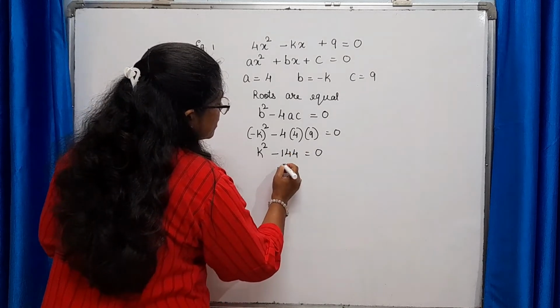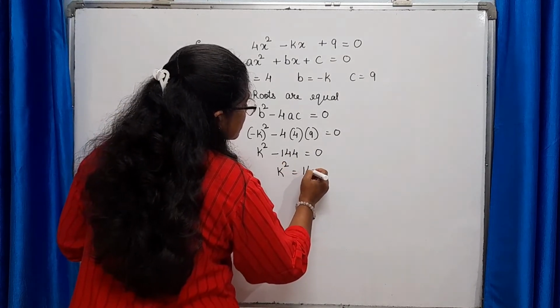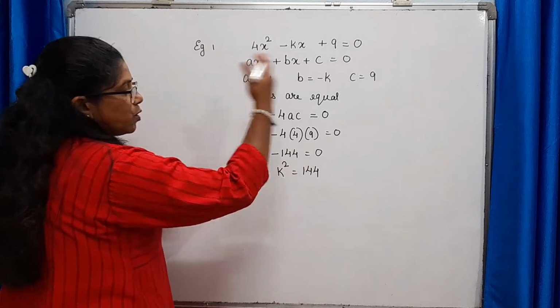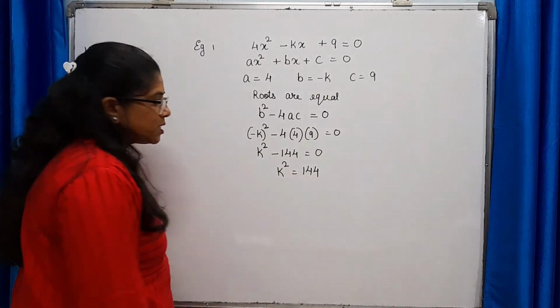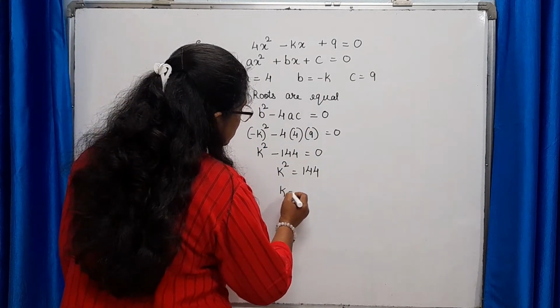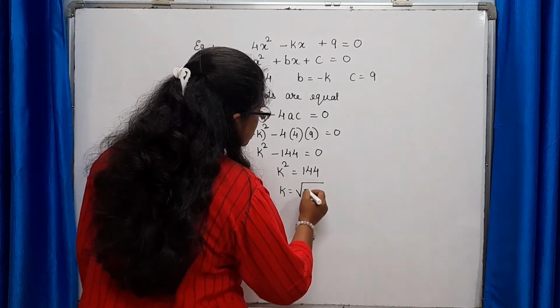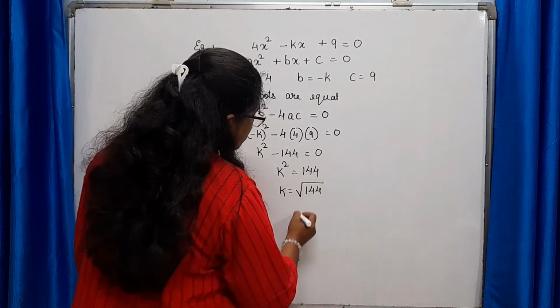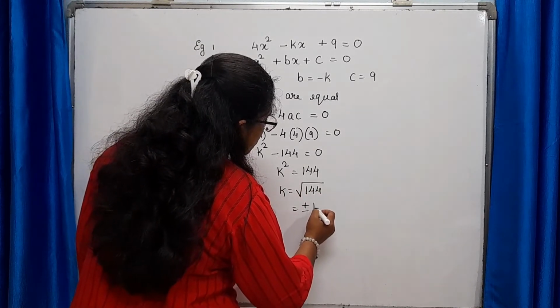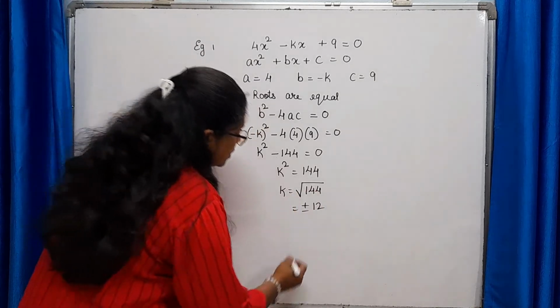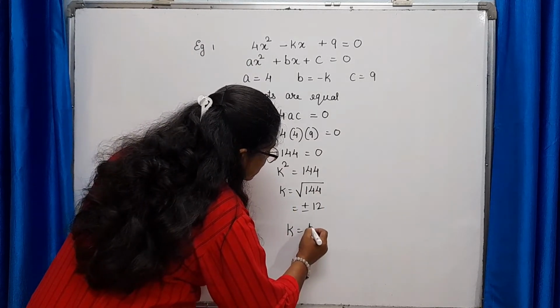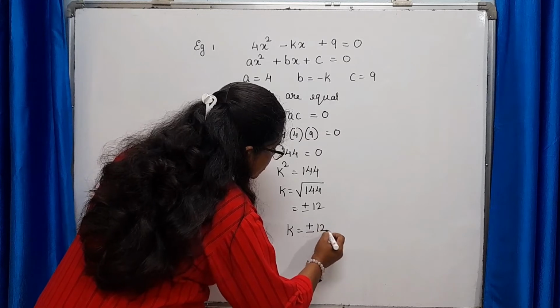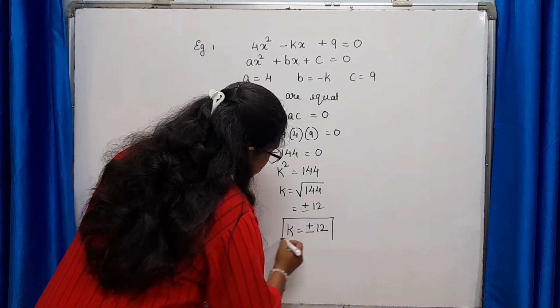Fine. K square is 144. Minus 144 is going to the RHS, it becomes plus 144. So k is square root of 144, which is plus or minus 12. So in this case, the value of k is either plus 12 or minus 12.